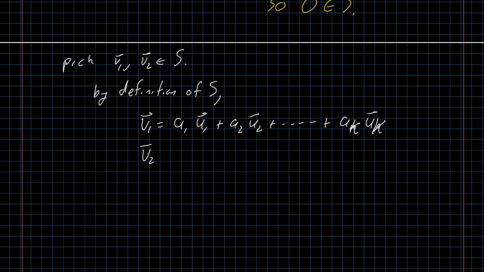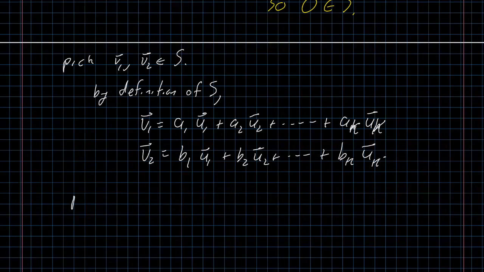And v2 is some other string of constants, b1u1 plus b2u2 plus all the way down to bkuk. I don't want to use C because I want that to be my string of constants that I get in the end. I could use D. I don't want to use E because we might get that mixed up with the natural number 2.71828. If I start using F or G, you might start thinking functions. So we're running low on letters.